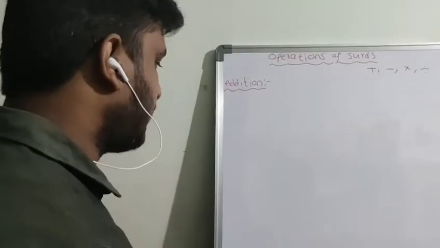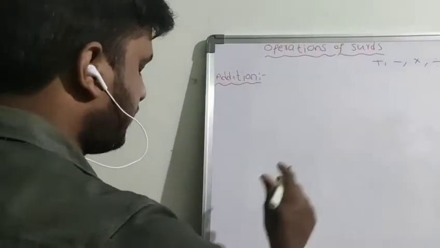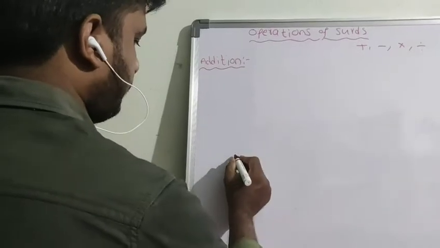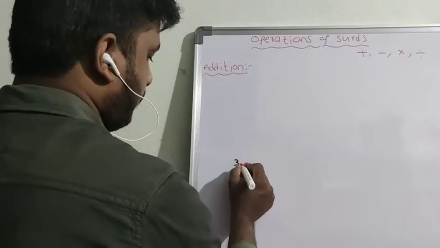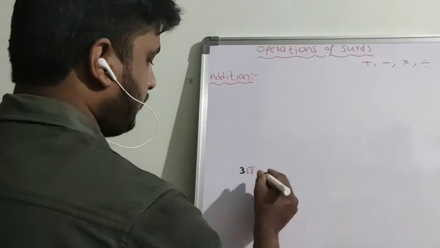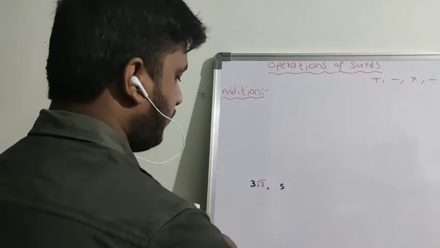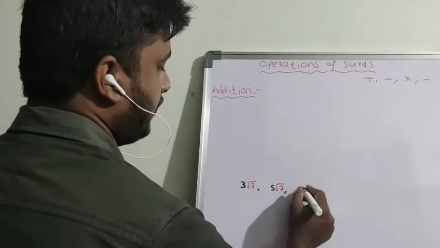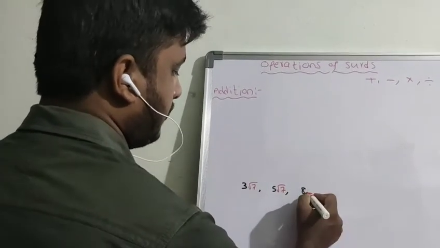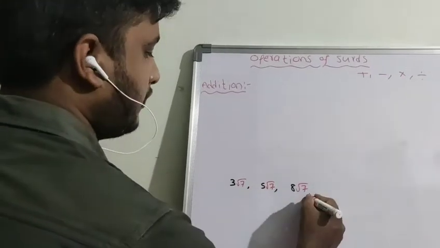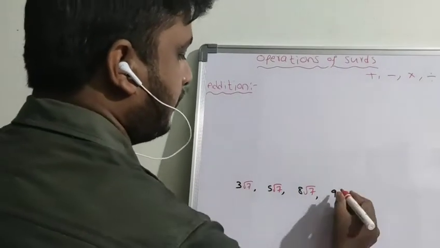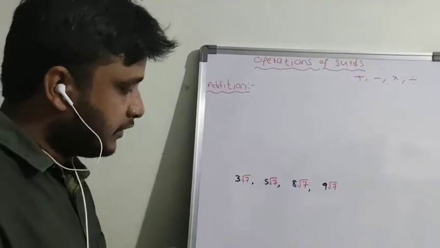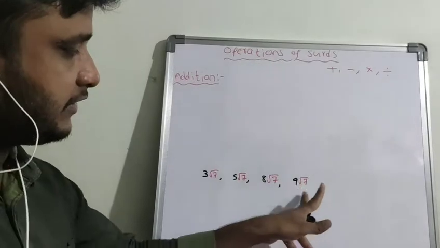Once more I will explain the meaning of similar surds. So 3 root 7, 5 root 7, 8 root 7, 9 root 7.